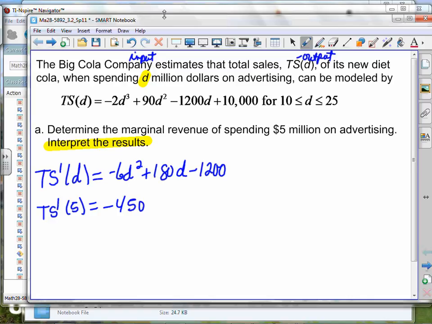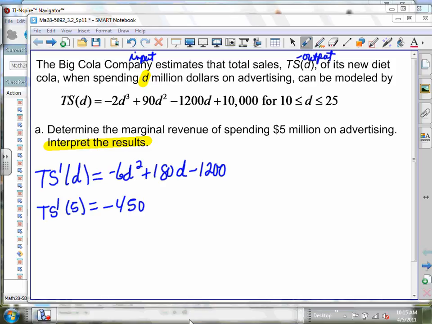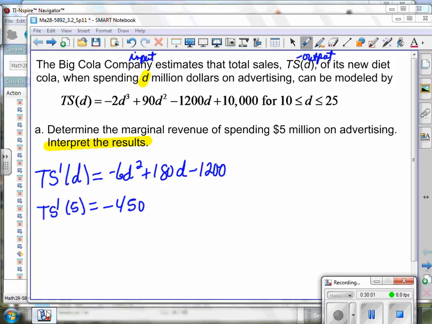0. So this all goes back to our definition of a derivative. Okay, the derivative is the slope of the line tangent to the curve.